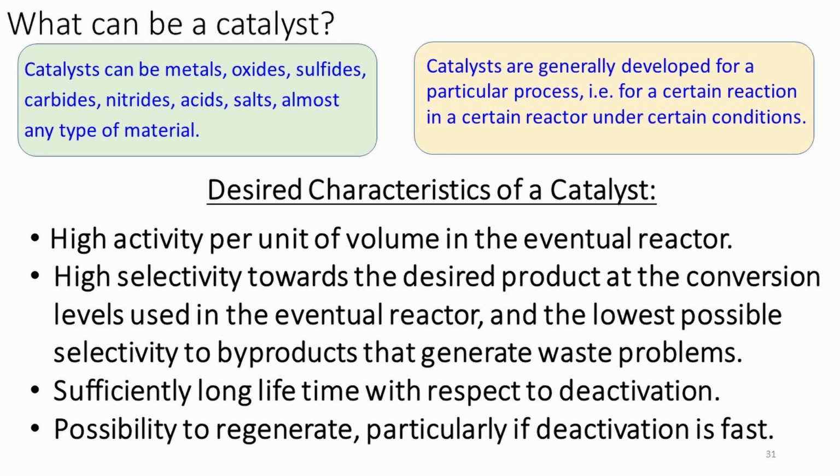What can be a catalyst? A catalyst can be metals, oxides, sulfides, carbides, nitrides, acids, salts, virtually any type of material. The main objective of using catalysts is to get high activity and overall high selectivity to the desired product.